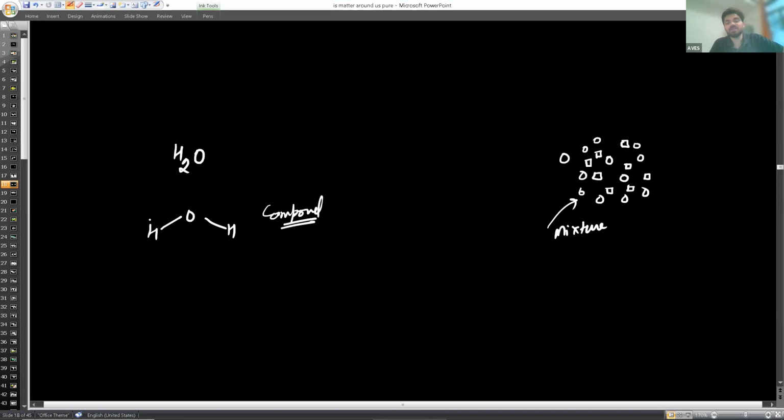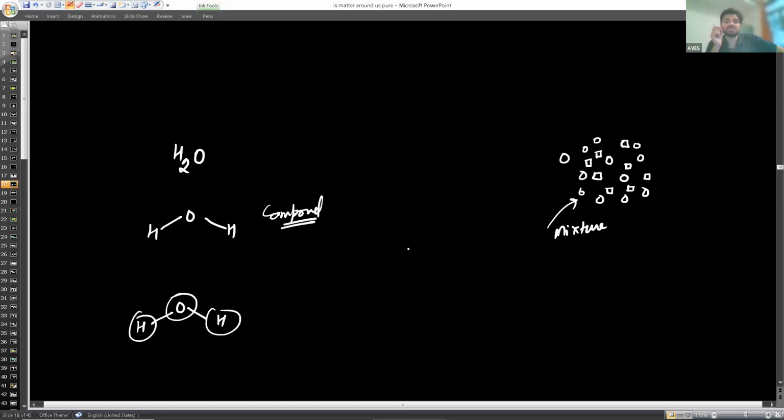In a compound, elements are chemically combined together. The two hydrogen atoms combine with one oxygen atom. In water, every water molecule, irrespective of where you get it from, whether from any reaction, must have two hydrogen atoms and one oxygen atom. Got it?